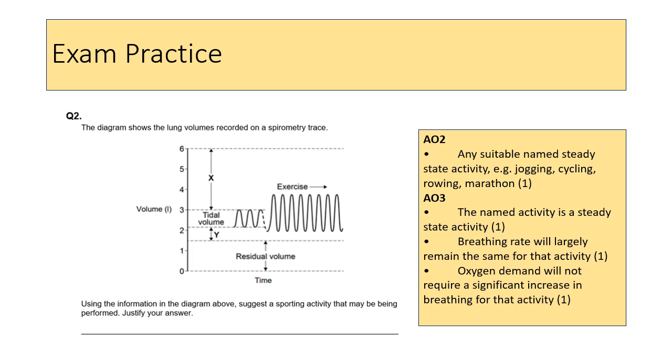You could have mentioned this named activity is a steady state, and you can tell by that because it's repetitive in nature. The tidal volume is not increasing and decreasing, and there's no changes in levels at all. It's remaining constant.